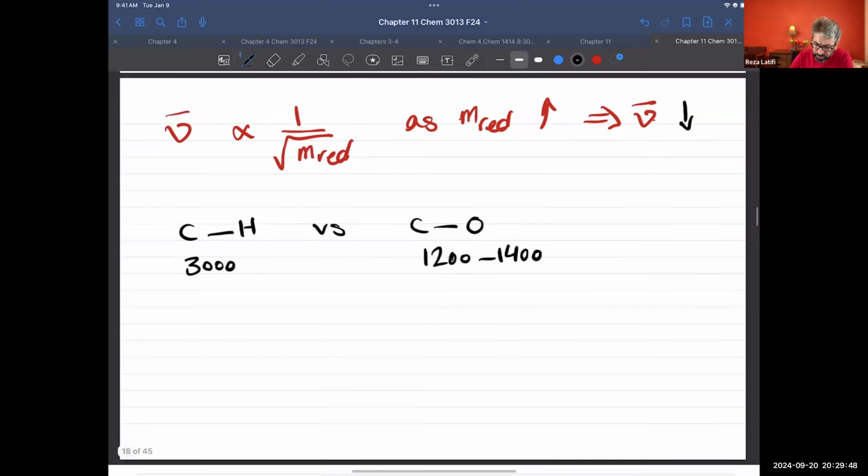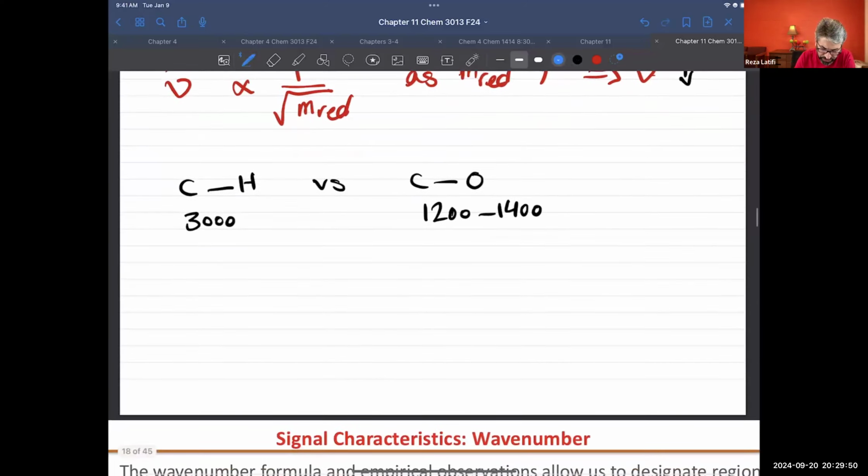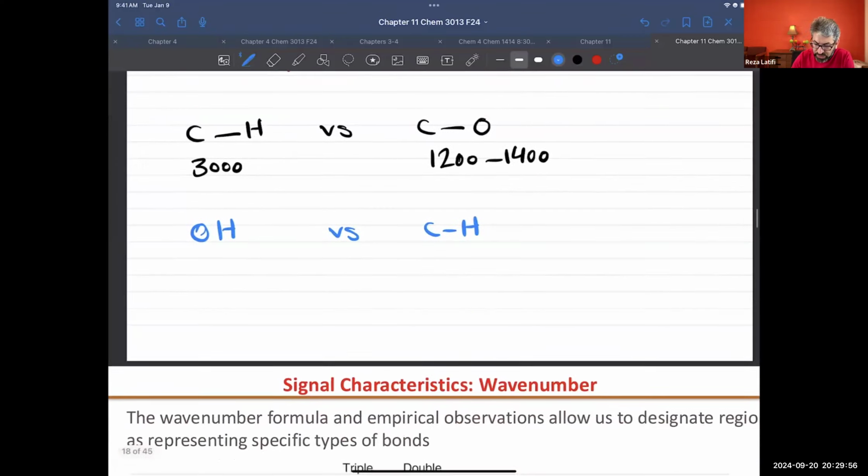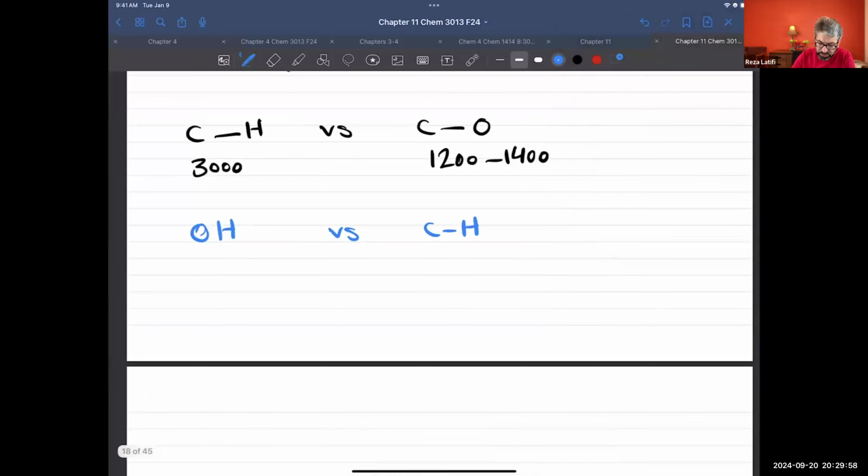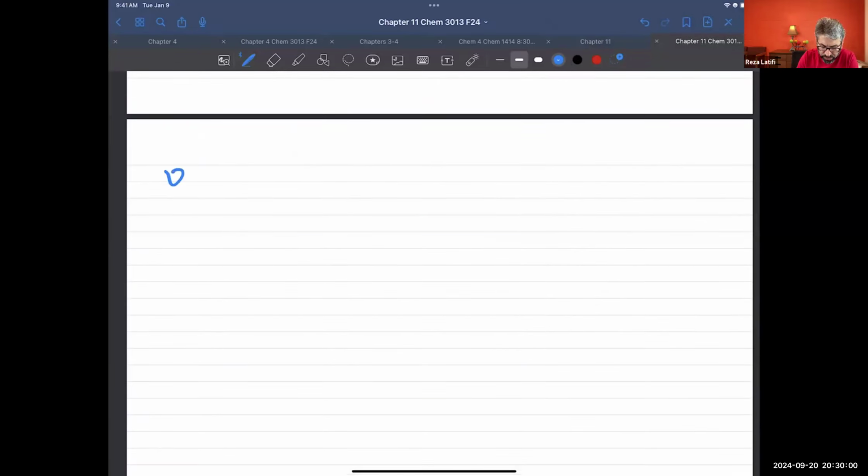Okay, somebody might ask this: say we have OH versus CH. You said the wave number is equal to 1 over 2πc multiplied by the square root of force divided by reduced mass.